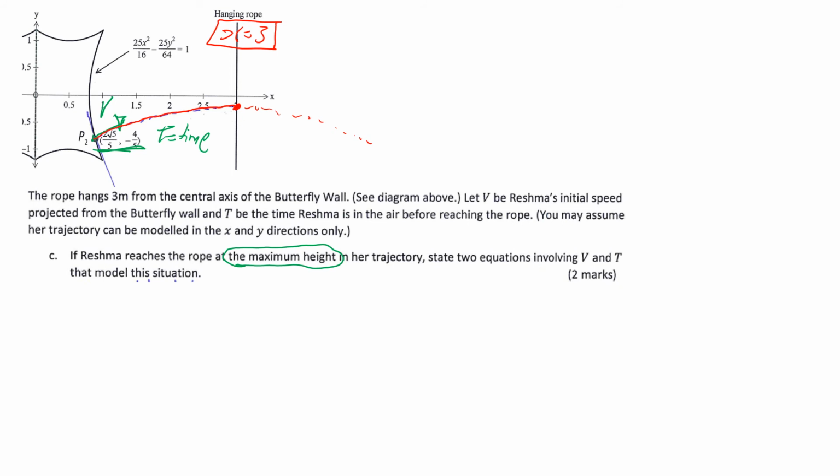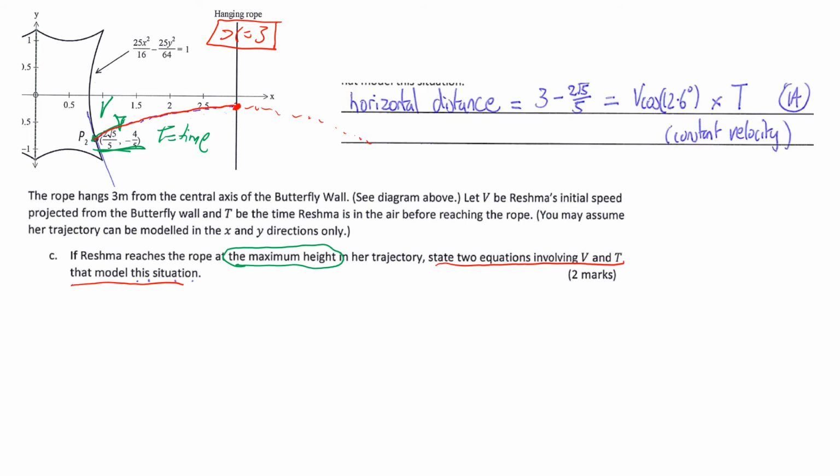All right, so V is her initial speed, T is the time. State two equations involving V and T that model this situation. Now the first one is the more straightforward of the two, and that's simply, what is the horizontal distance that she has to cover?